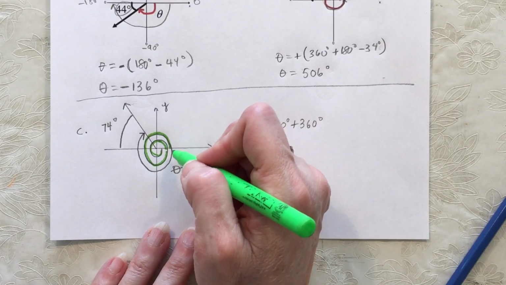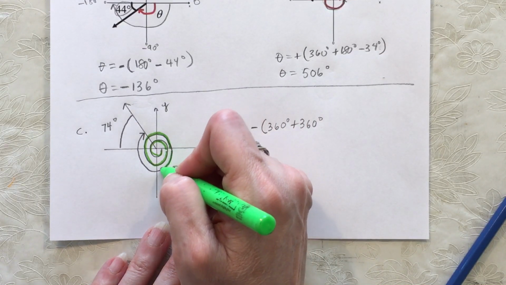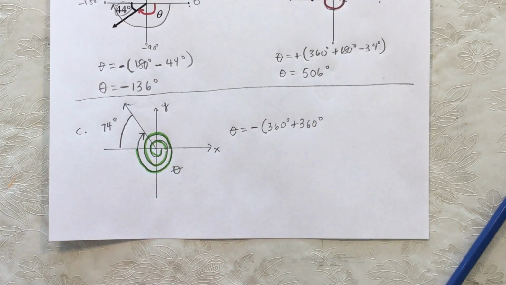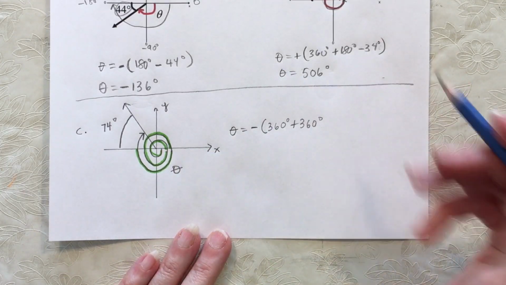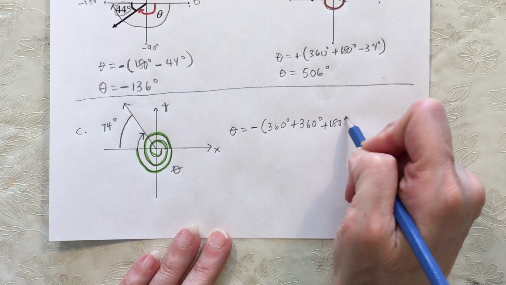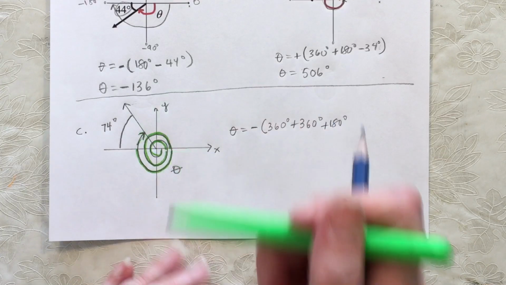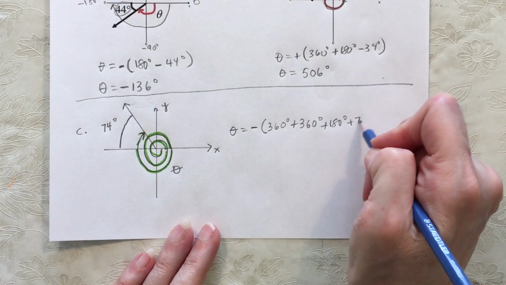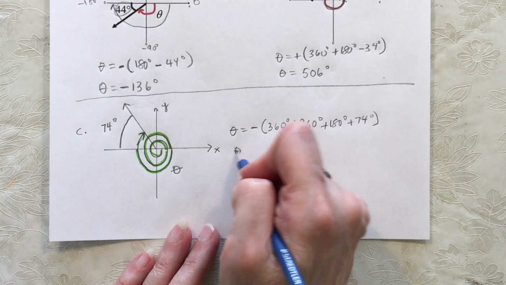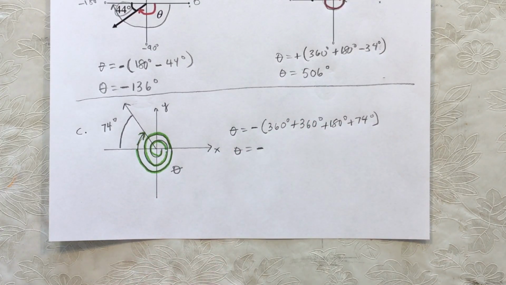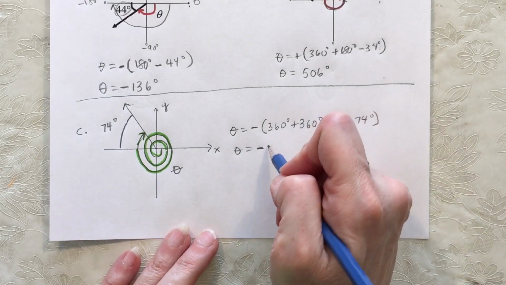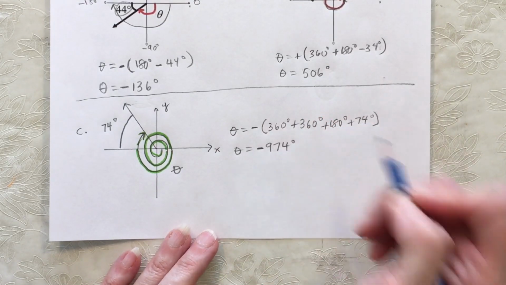And then from here to here is another 180, and then this last piece is another 74. So that would be my thinking. So 360 plus 360 plus 180 plus 74. So it's going to be negative 974 degrees.